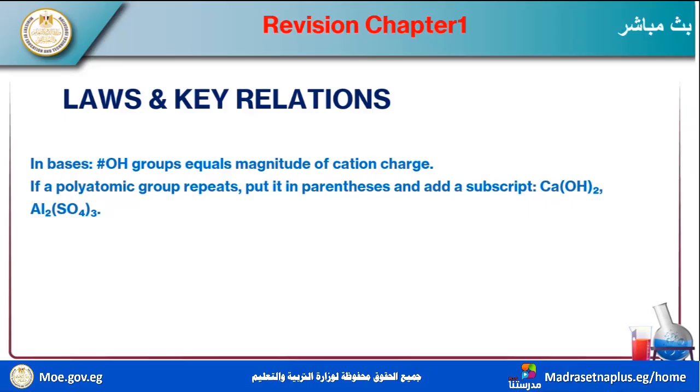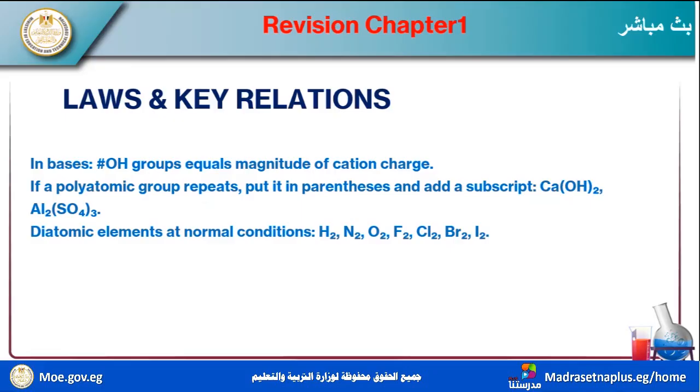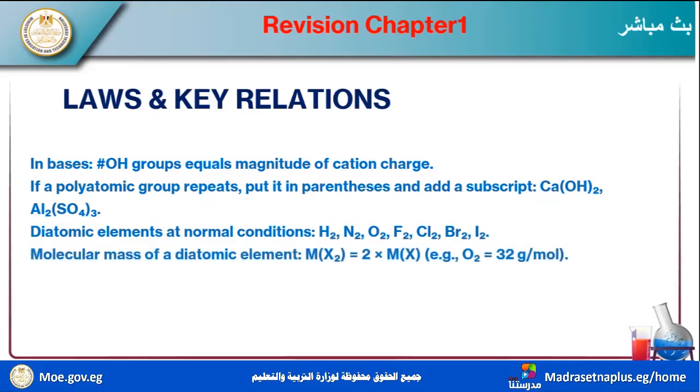If the polyatomic group repeats, put it in parentheses and add a subscript, like Ca(OH)2, Al2(SO4)3. This is a summary of the last slides. The atomic elements in normal conditions are like in this example. Now in bases, the OH groups equal the magnitude of the cation charge.